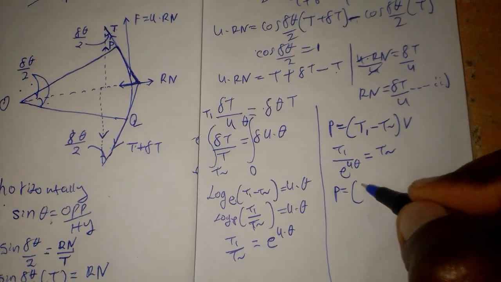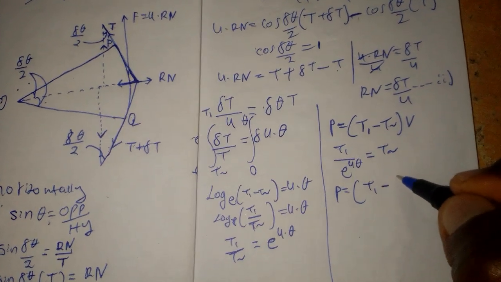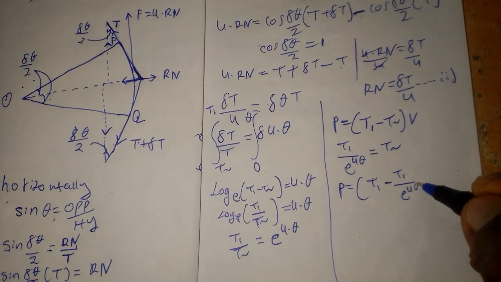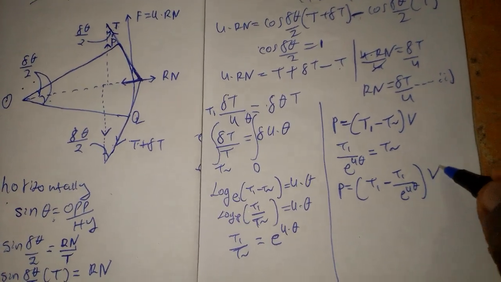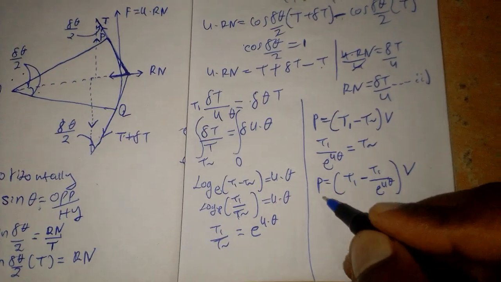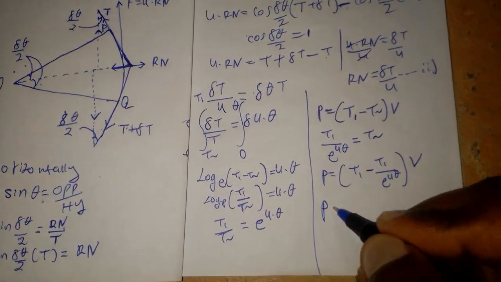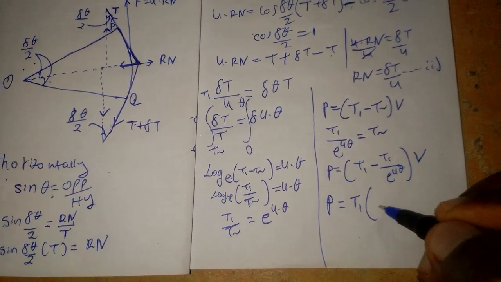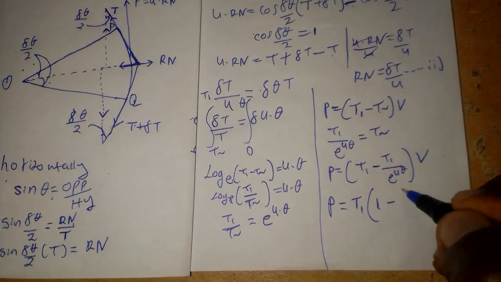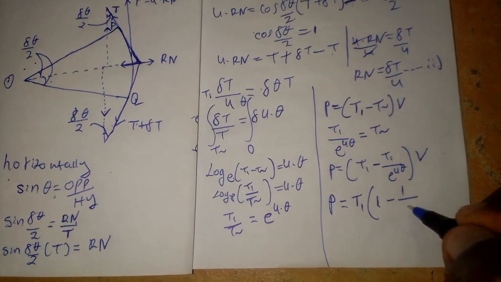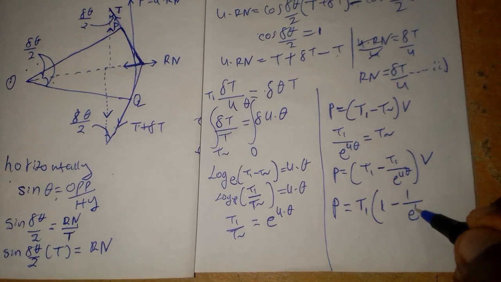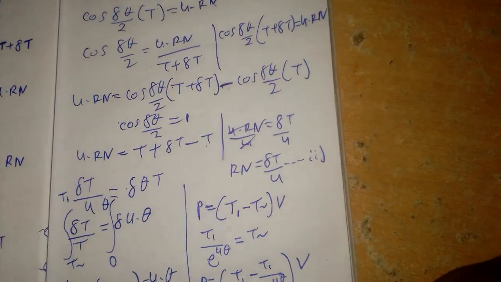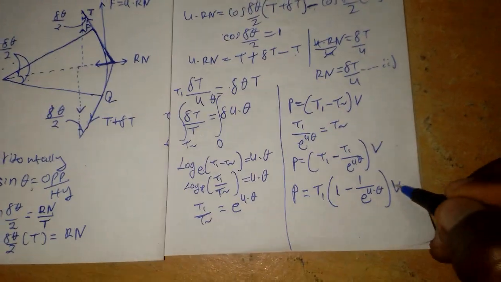P is equal to t1 minus t1 over e raised to mu theta, times v. This can be written as P equals t1, open the brackets, 1 minus 1 divided by e raised to mu theta, close the brackets, times v.